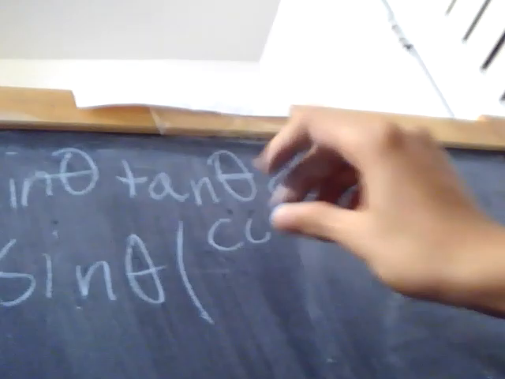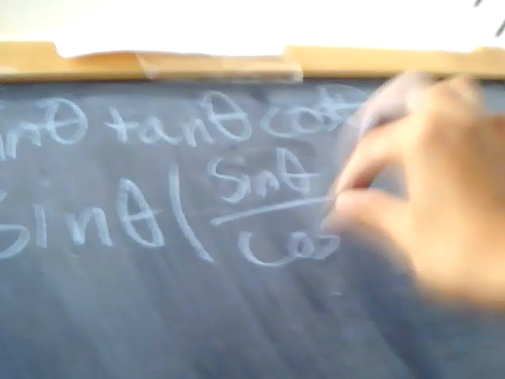And here's a little hint of what we're doing. Remember what we said before about tangent? Tangent is equal to sine of theta over cosine of theta. And here's cosine of theta.